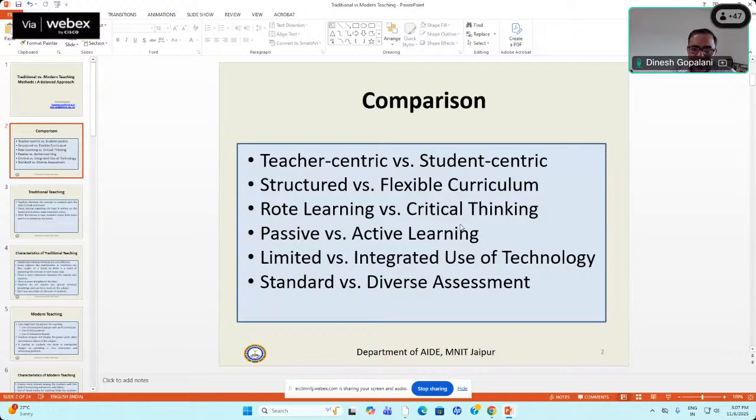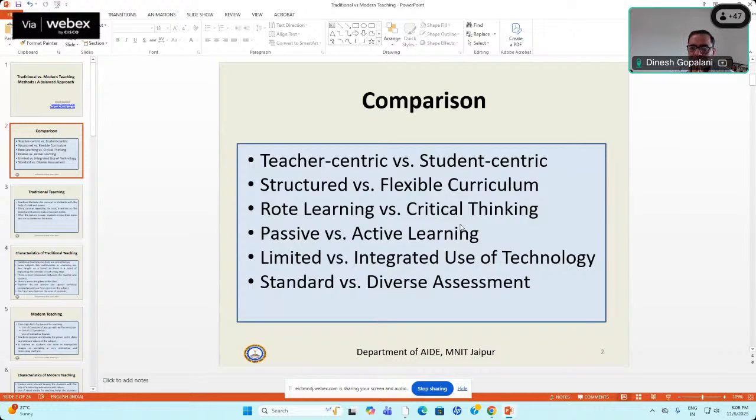Then traditional primarily focuses on rote learning. You memorize the things, then you have exams and you have to write down the answers. Whereas the new methods are more into analysis and critical thinking. Traditional is passive, whereas modern is active learning. There is no or very limited use of technology in traditional, whereas you have significant use of technology in modern.